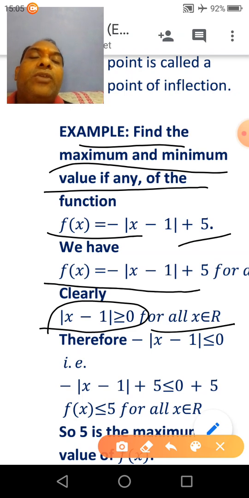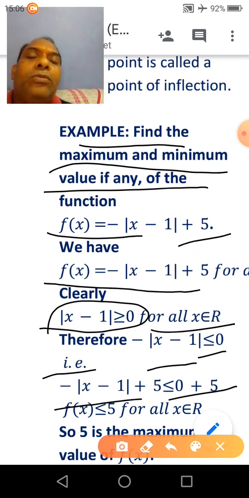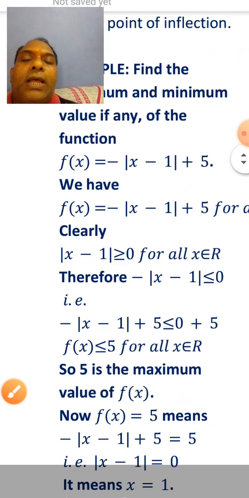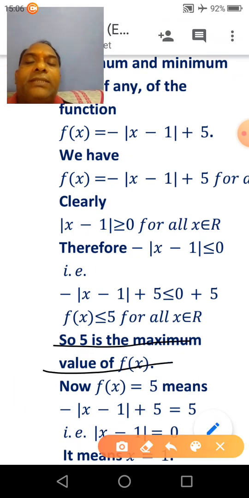Therefore, minus |x minus 1| is less than or equal to 0. It implies that minus |x minus 1| plus 5 is less than or equal to 0 plus 5. It means f(x) is less than or equal to 5 for all x belonging to R. So 5 is the maximum value of f(x).